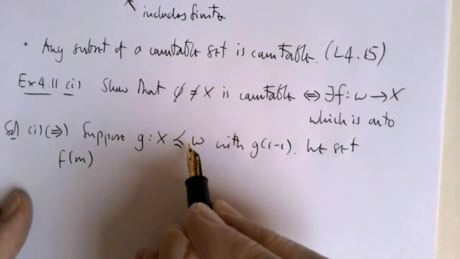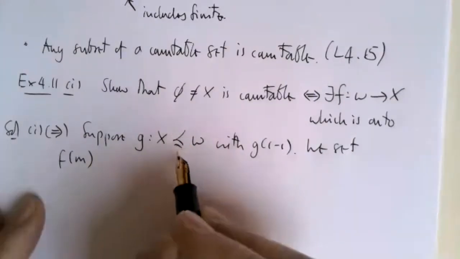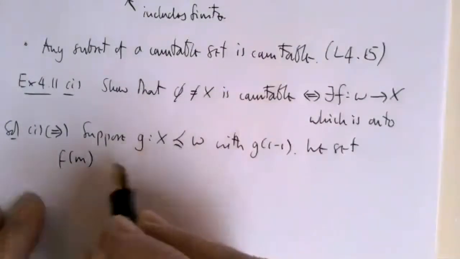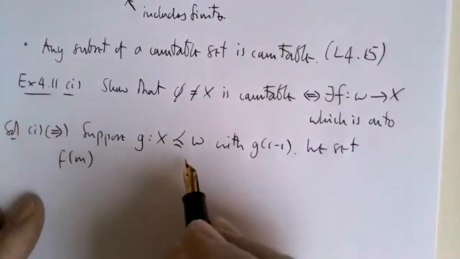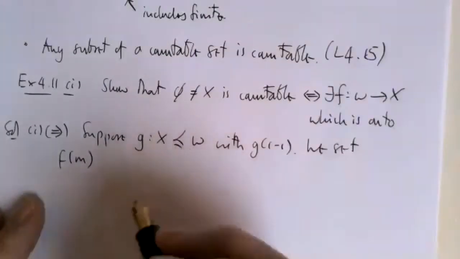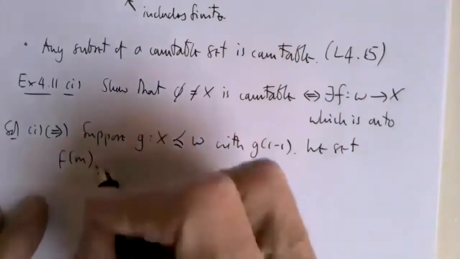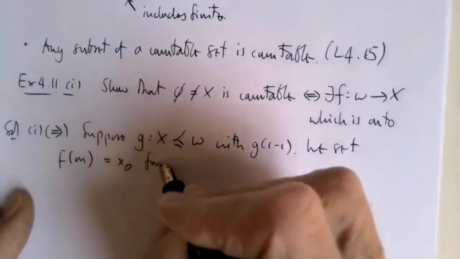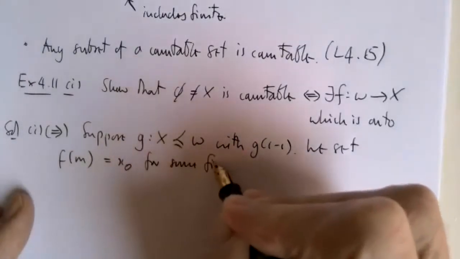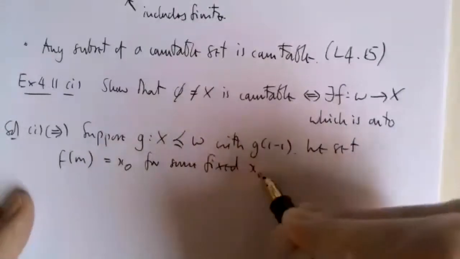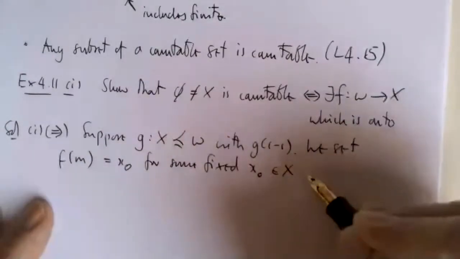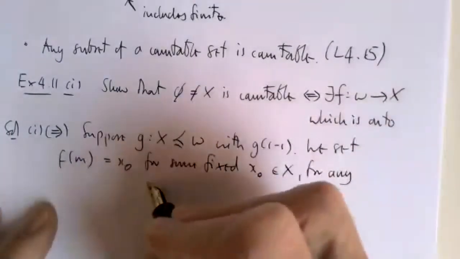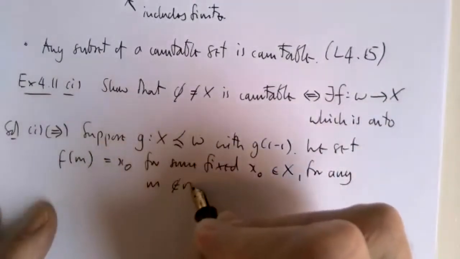So what we do then is define some fixed x naught in X for f to send m back to, for any m that's not in the range of g.